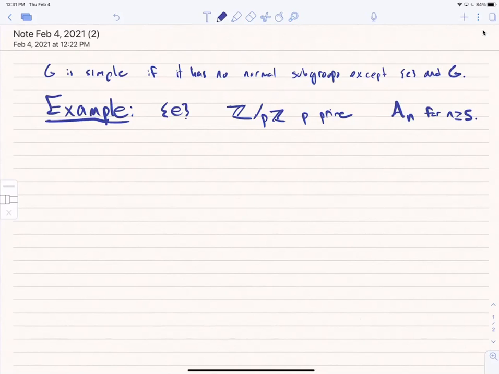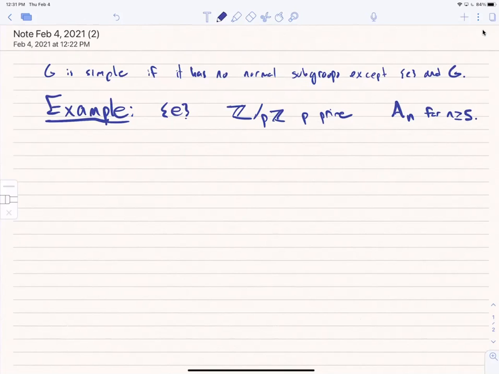So right, then Z mod pZ for p prime, well, every element has order dividing p, so as soon as you have one non-identity element, you have everything. So this is simple.